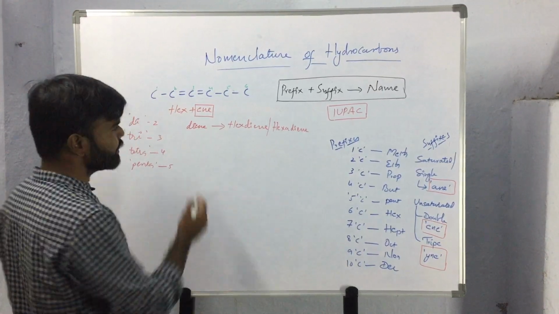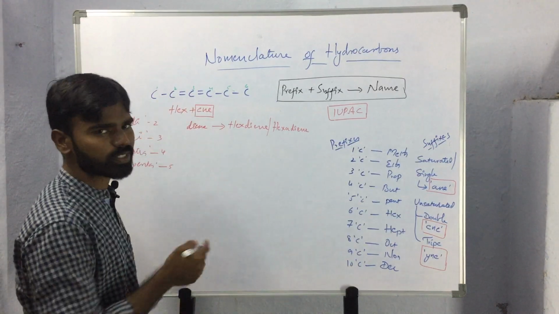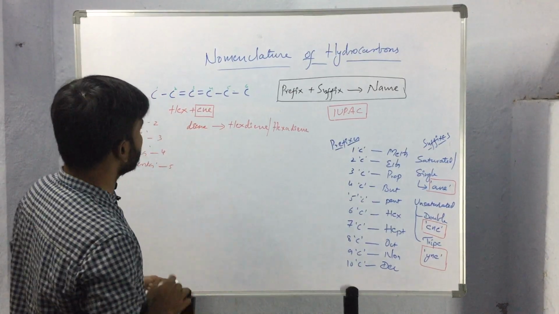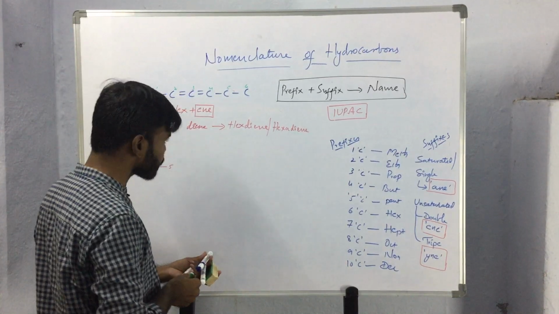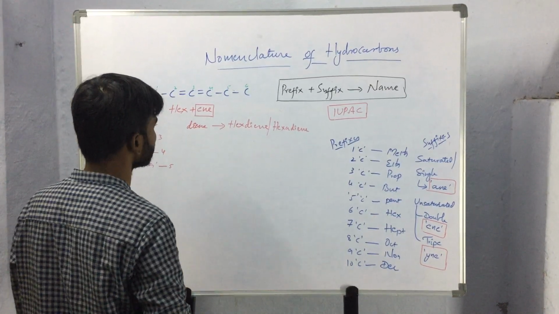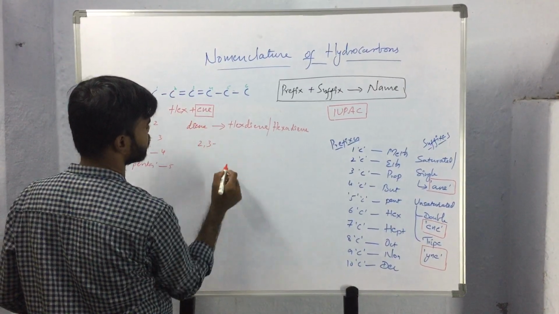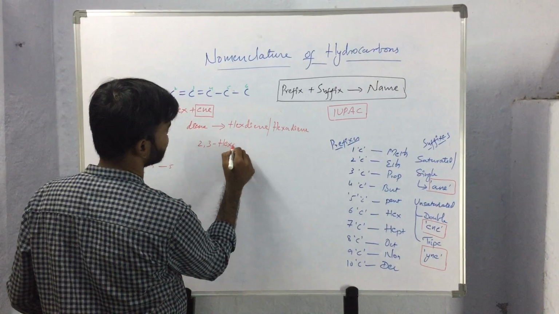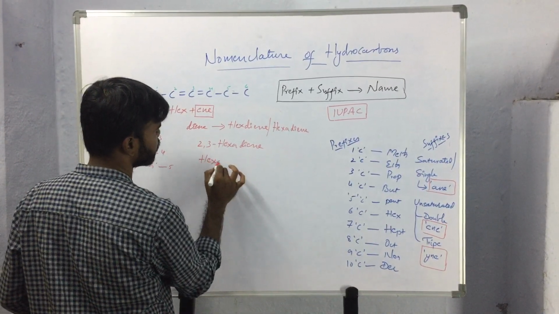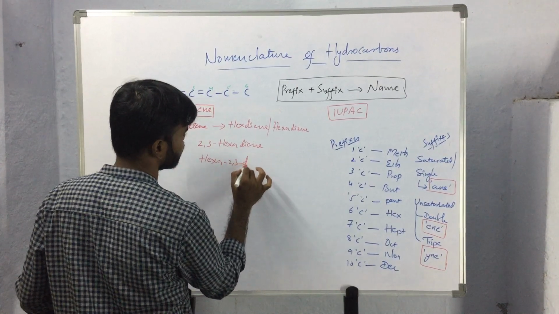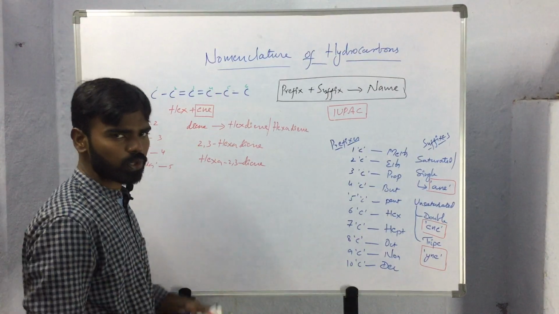So in such conditions, we have to designate the positions of the double bonds by using numerals. The name of this compound will be 2,3-hexadiene, as the unsaturation is present on the second carbon and third carbon, or we can write it as hexa-2,3-diene. Like this we will be giving the name to the compound.